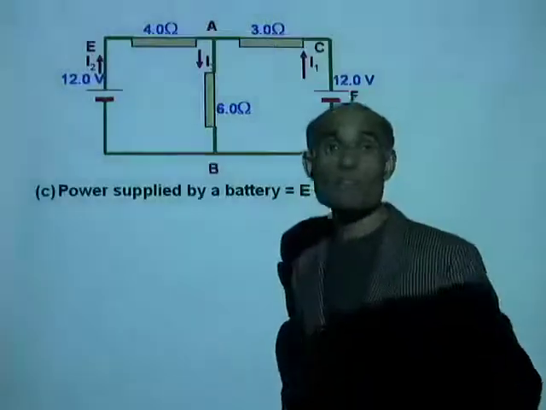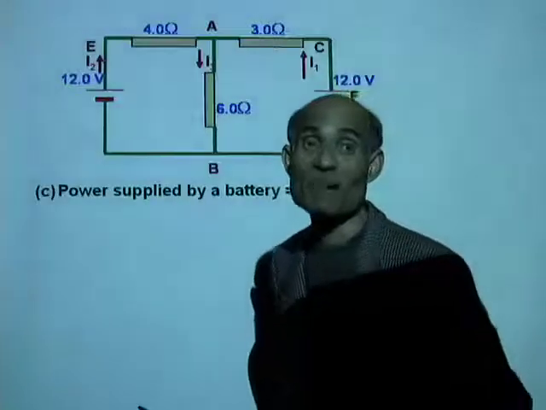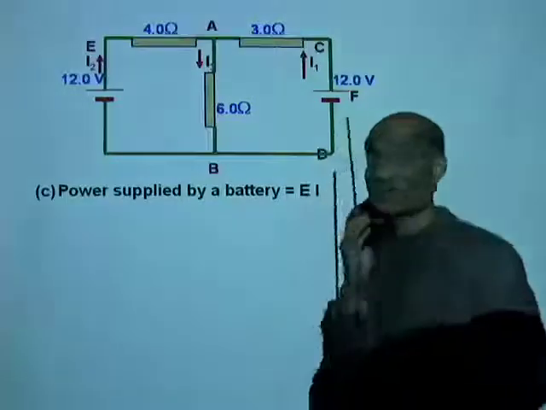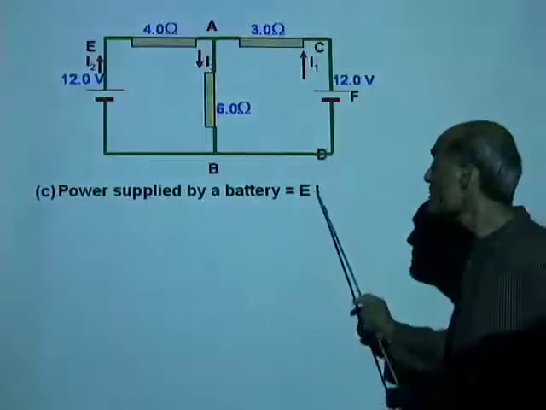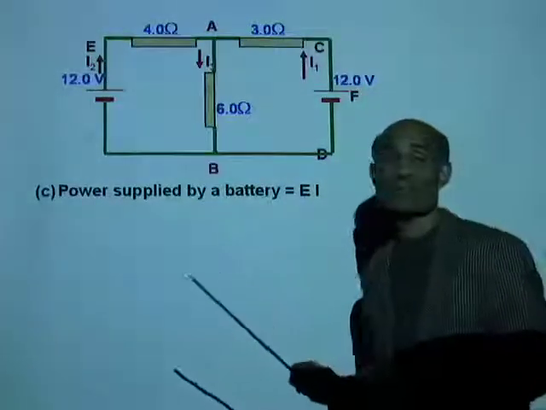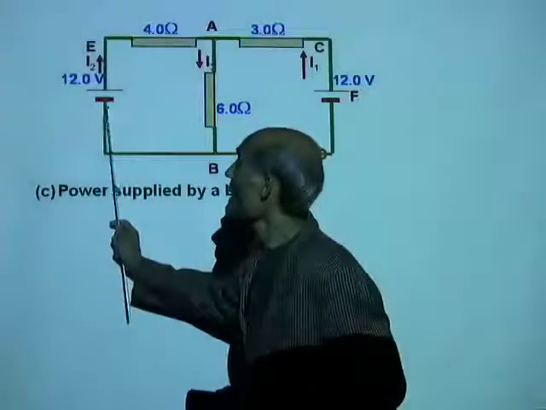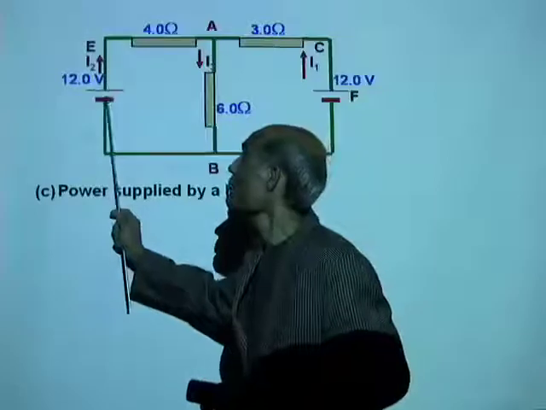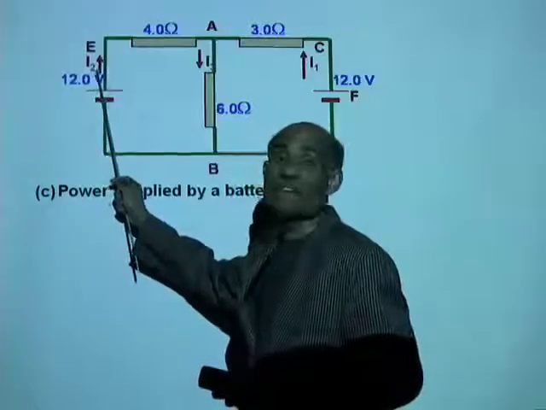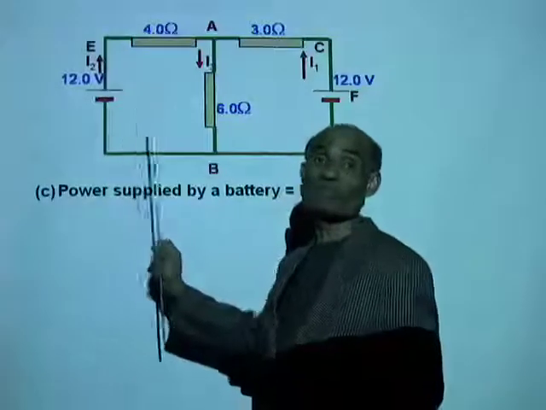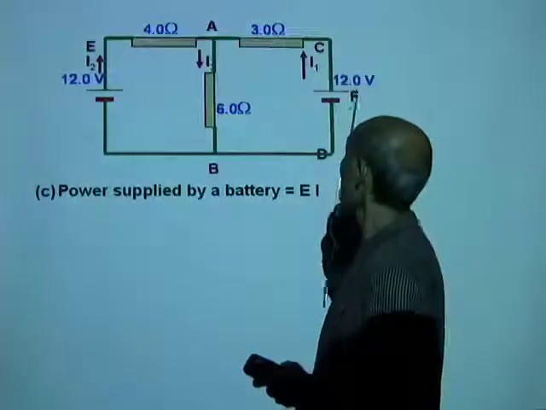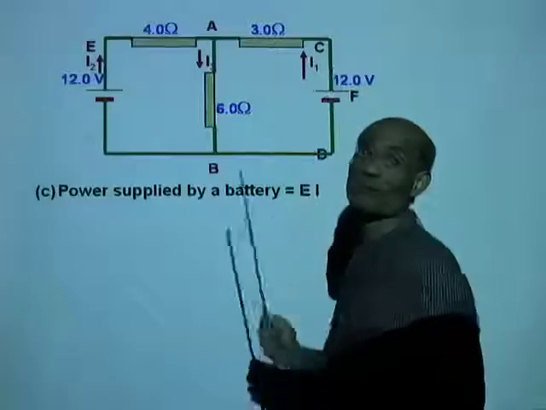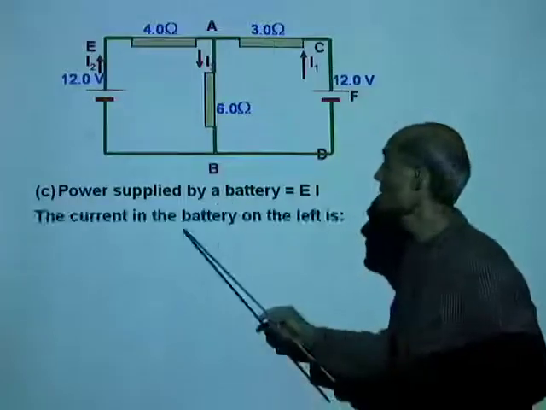Now we need to find the power supplied by each battery. The power supplied by a battery is its EMF multiplied by the current. Therefore, the power supplied by the battery on the left is 12 volts multiplied by I2. We know the value of I2. And the power supplied by the battery on the right is 12 volts multiplied by I1.